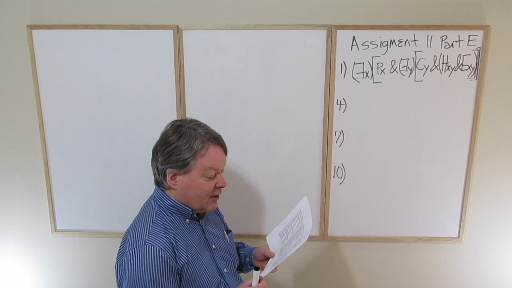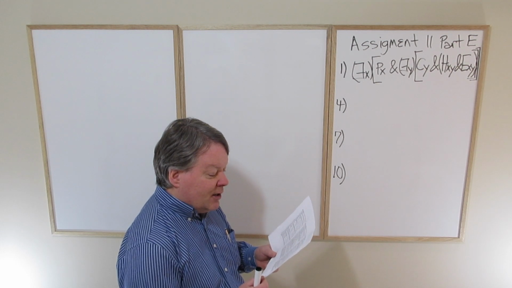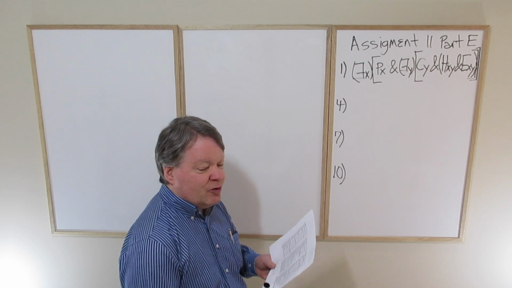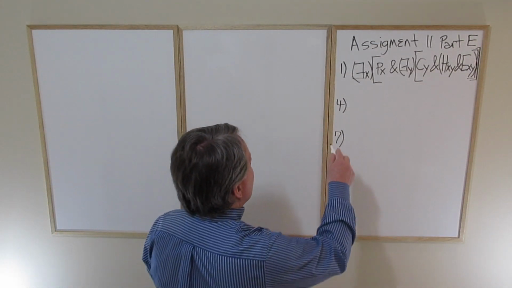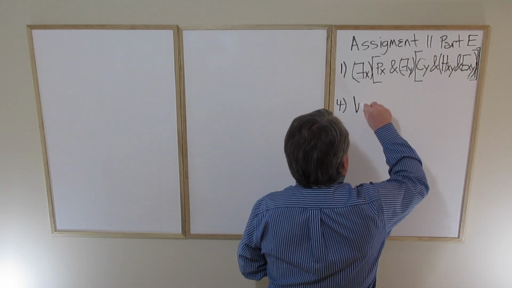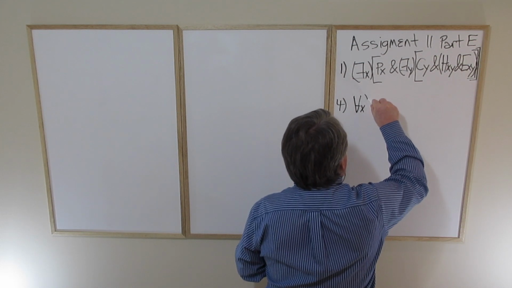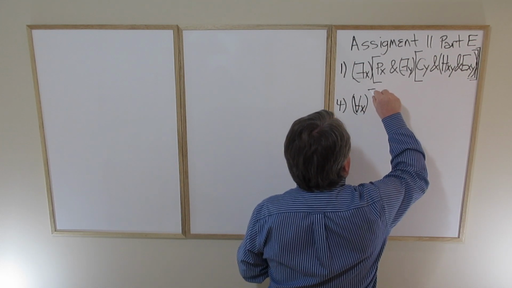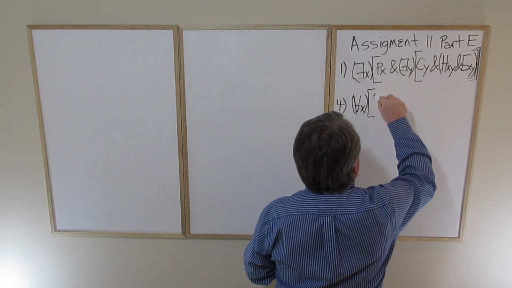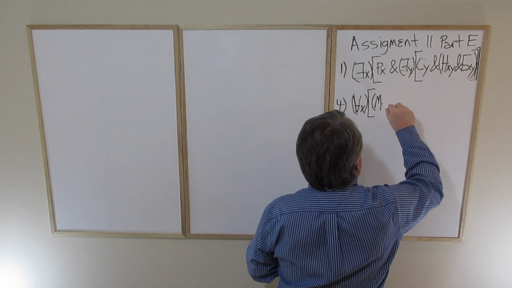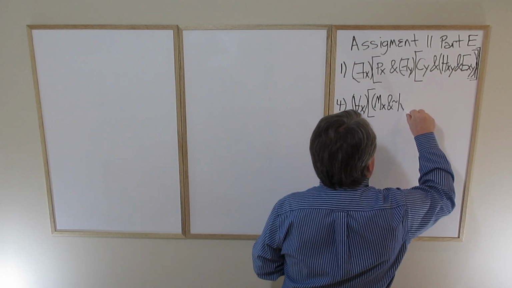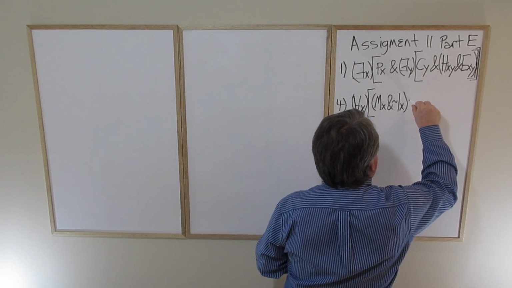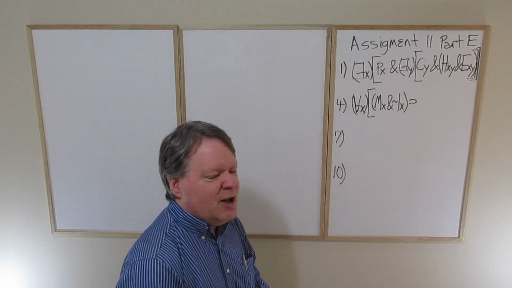All metaphysicians, except idealists, do something. So, this is a universal with the word all. All X are such that if X is a metaphysician and it's not the case that X is an idealist.